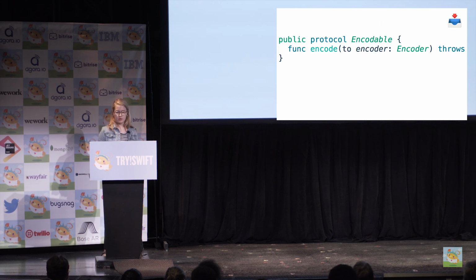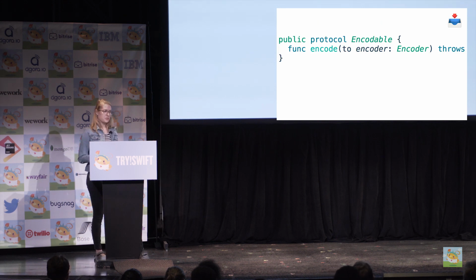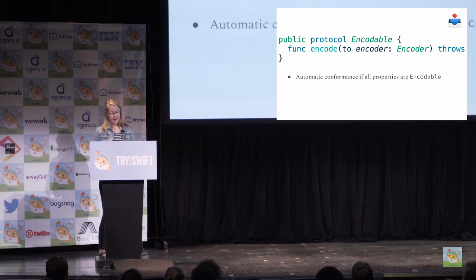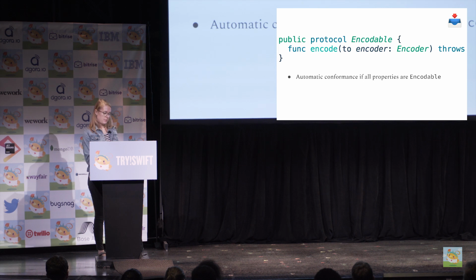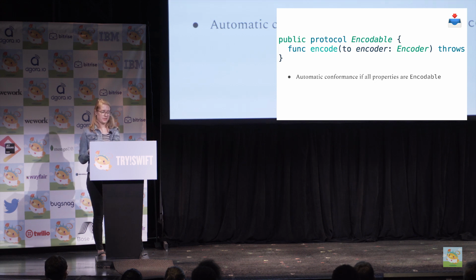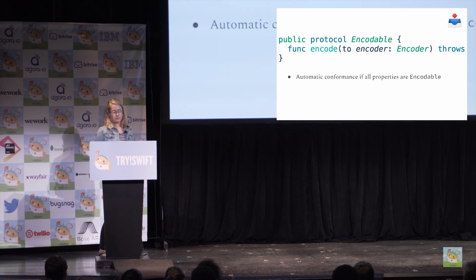And some other things to note about this are that if you are not using one of those types, but if all the properties that your type stores are Encodable, so maybe your struct is composed of entirely strings, then you'll get conformance for free.